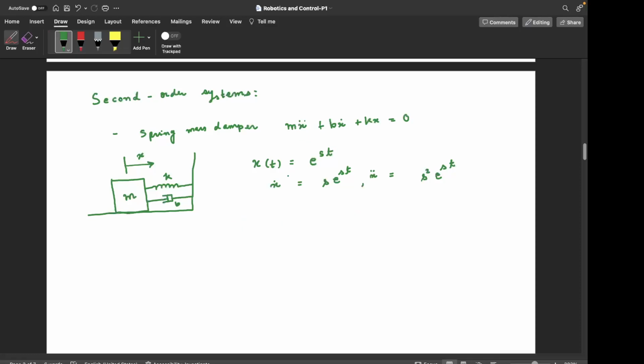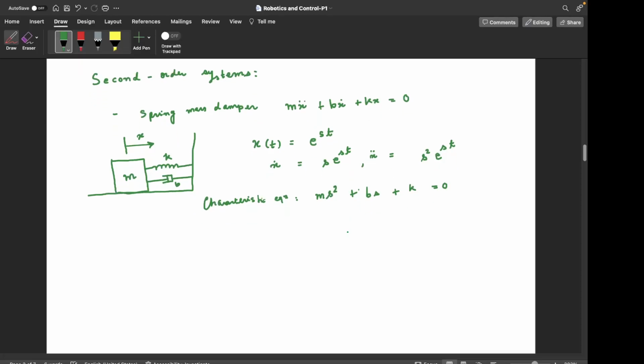So substituting the value of x dot and x double dot in the original equation, we get what we call the characteristic equation, and that is m s square plus bs plus k equal to 0, right?